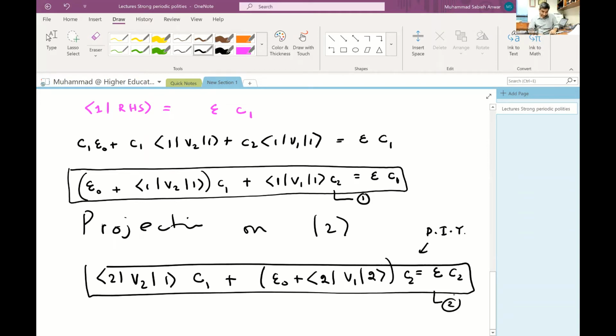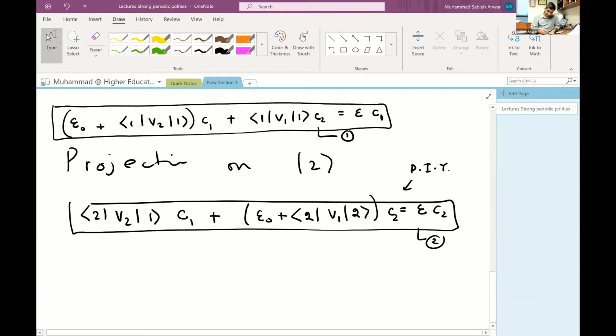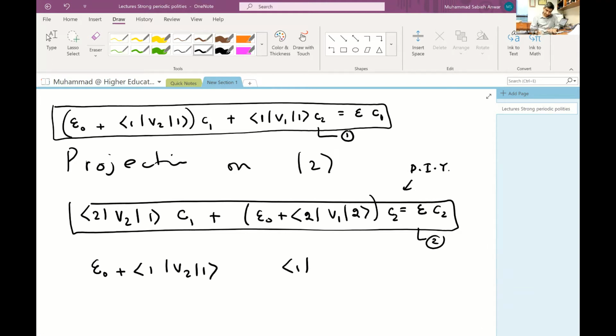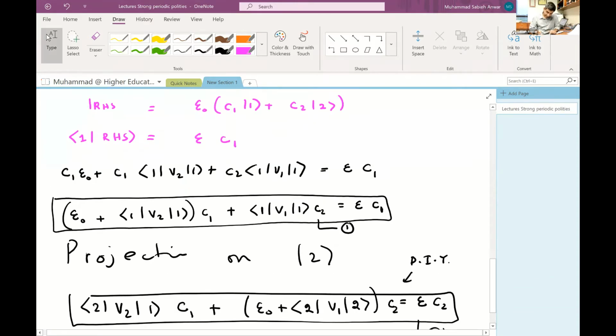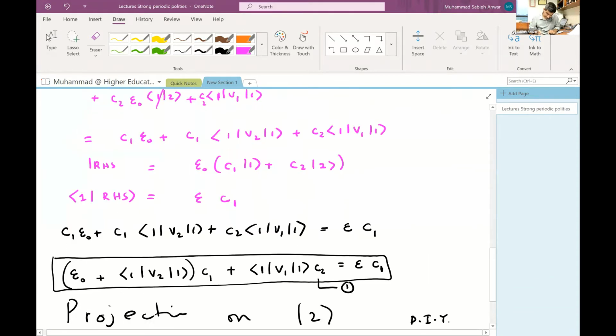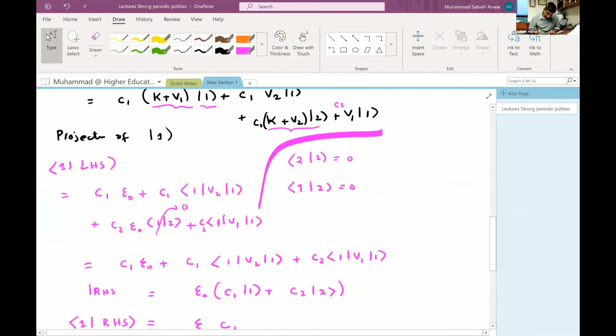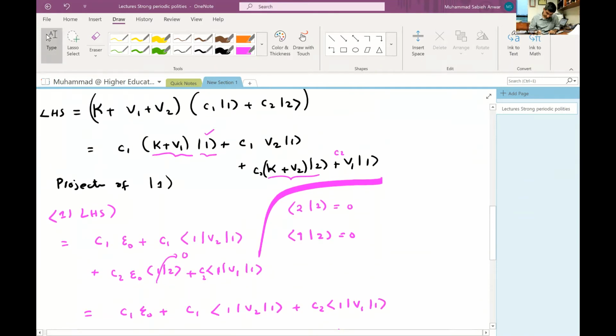Now if I look at equation number 1 and equation number 2, I can cast this in matrix form. This fashion. I'm sorry, there is V1.